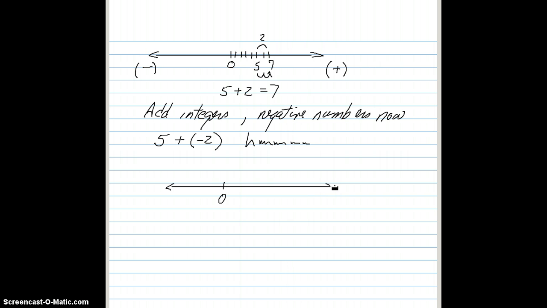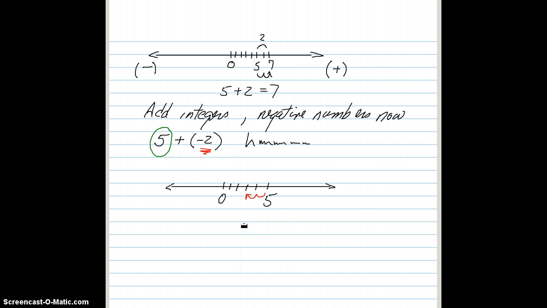There's my number line, and I'll start again at 5. So I'm going to start with this 5, and I'll draw it here. 1, 2, 3, 4, 5. And now I'm going to add a negative 2. This negative 2 shows up by moving the other direction. 1, 2.